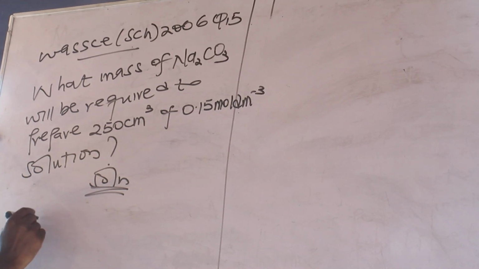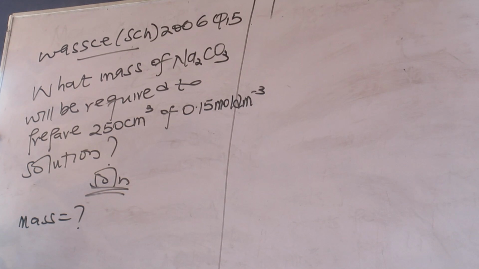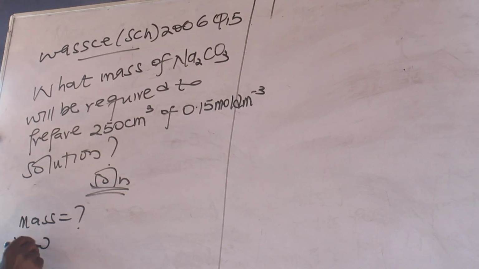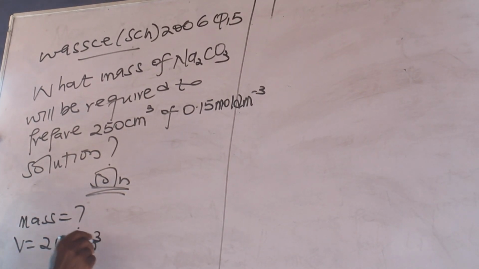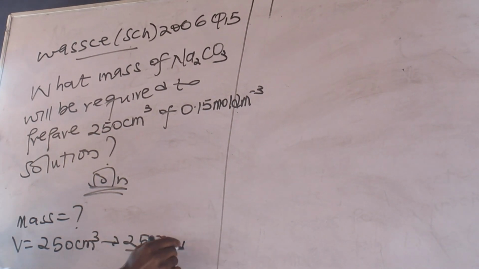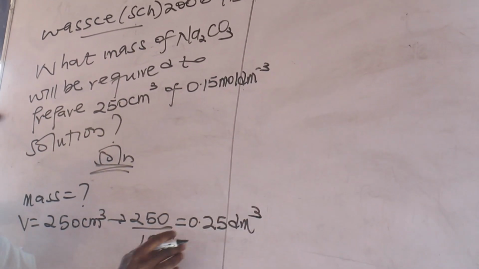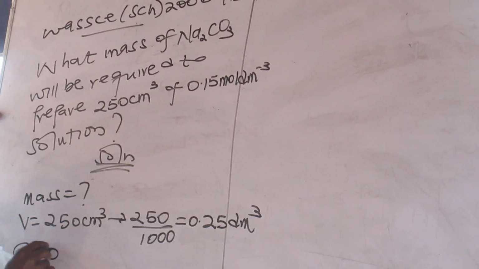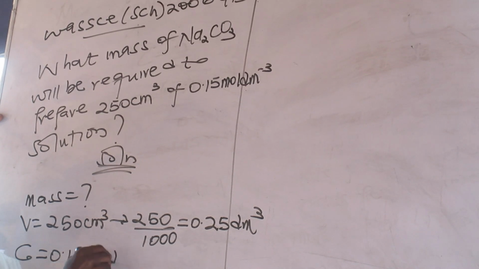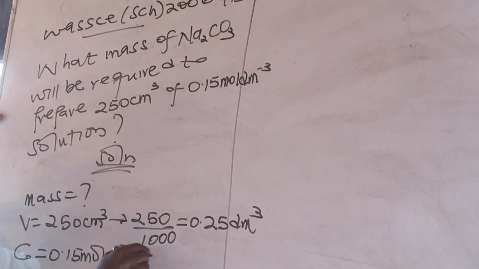What mass of this? It means I'm looking for my mass. It will be required to prepare 250 cm cube. That is my volume, right? The volume term must be in dm cube, divided by 1000. Yes. Is this 0.25? Good. Now the concentration of the resulting solution is this. Now take note. This thing you see here is the same as what you say molar.